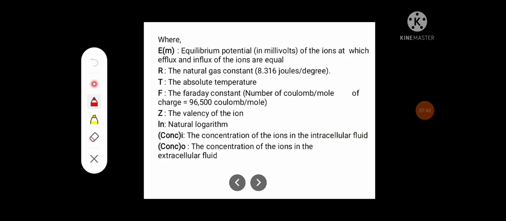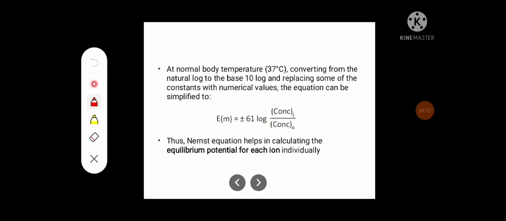Here E is the equilibrium potential, R is the universal gas constant, T is the absolute temperature, F is the Faraday constant, and Z is the valency of the ion. Ln is the natural logarithm, Ci is the concentration of the ion inside the cell, and Co is the concentration of the ion outside the cell, that is, in the extracellular fluid.